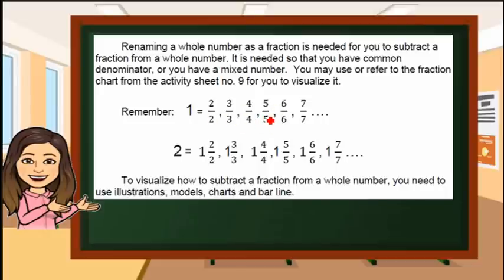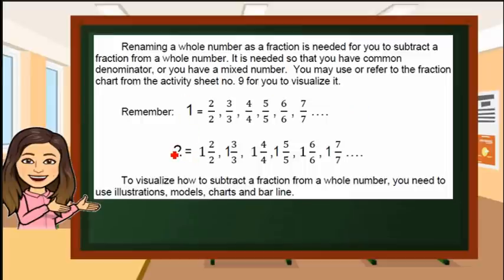Then it is also equivalent to 5/5 because it is divided into 5 and it is composed of 5 1/5. Then 6/6 because it is divided into 6 and it is composed of 6 1/6. And 7/7 if it is divided into 7 equal parts and it is composed of 7 1/7. And the number goes on and on.